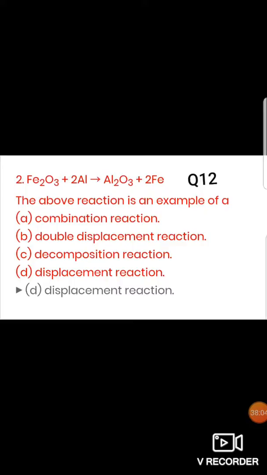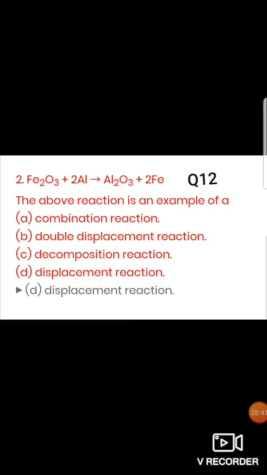Fe2O3 plus 2Al gives Al2O3, aluminium oxide, plus iron. The above reaction is an example of a combination reaction, double displacement reaction, decomposition reaction, or displacement reaction. Aluminium is more reactive in this reaction, so aluminium is displacing iron.